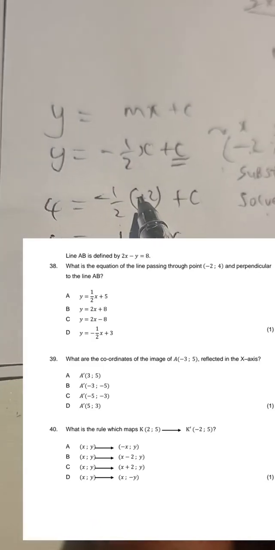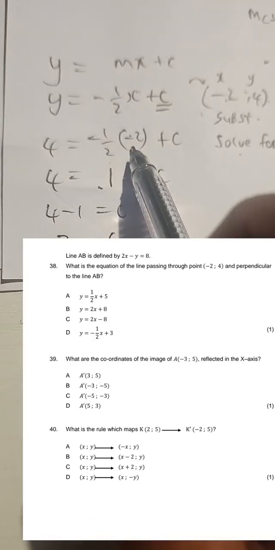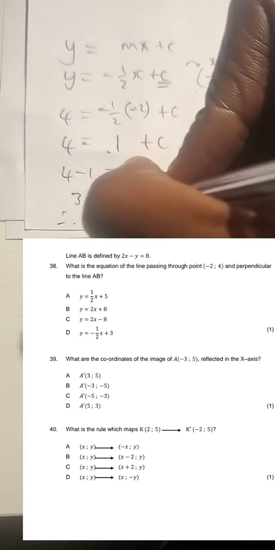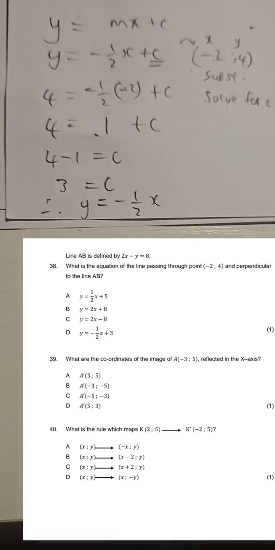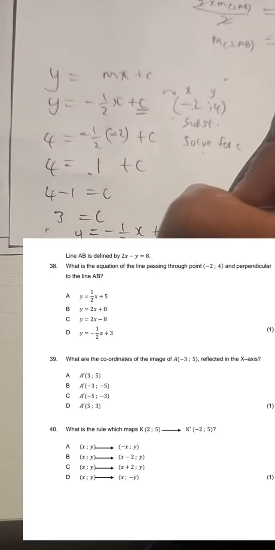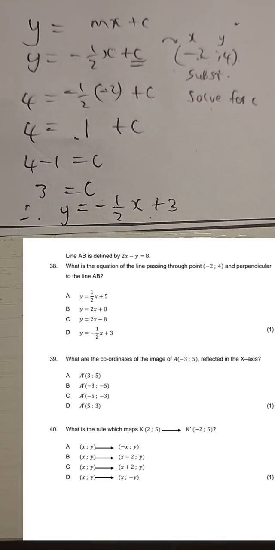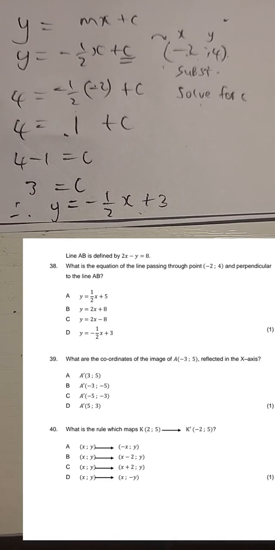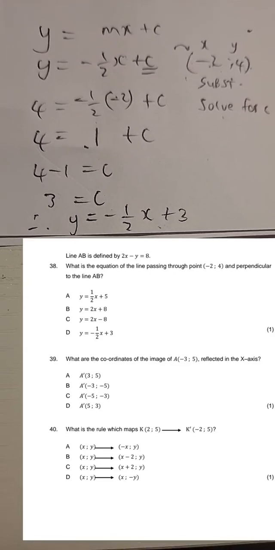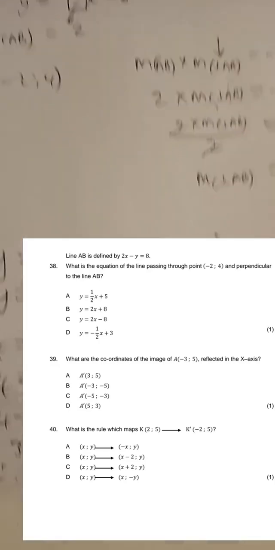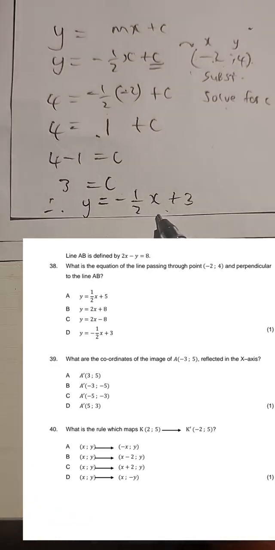Therefore, the equation of the line perpendicular to the one you were given in number 38 is y = -1/2 x + 3.